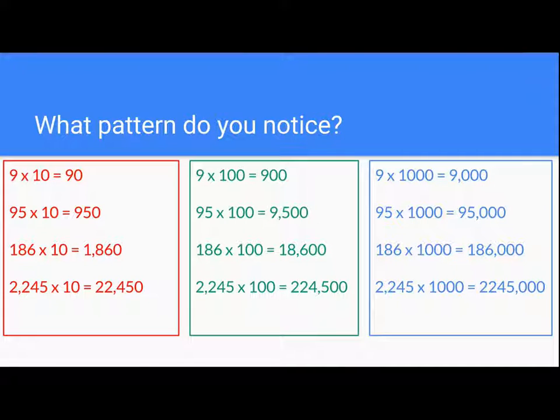How about now? 9 times 1,000 is 9,000. 95 times 1,000 is 95,000. 186 times 1,000 is 186,000. 2,245 times 1,000 is 2,245,000. We're going to talk about that pattern, so keep it with you. We're going to talk about it later.